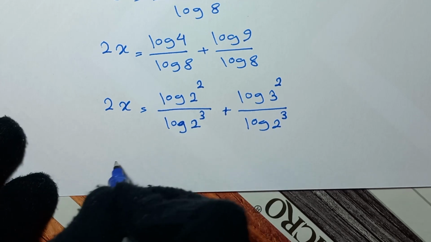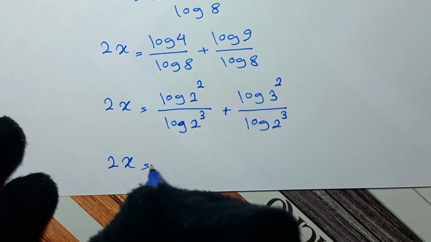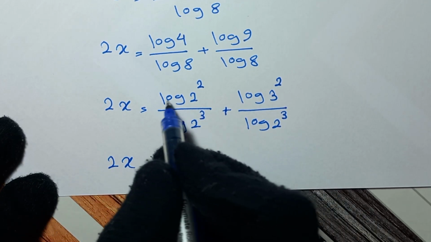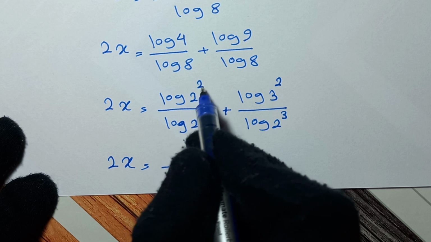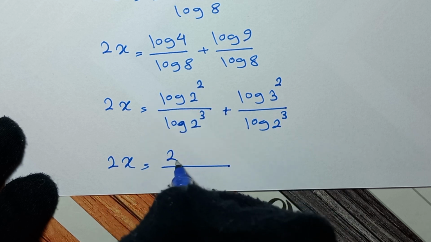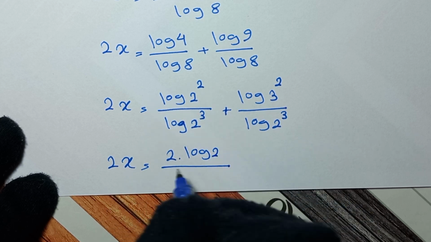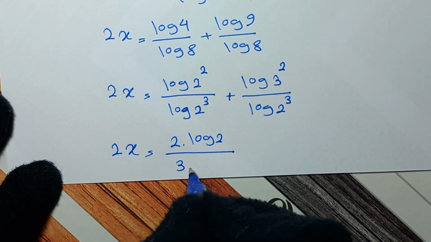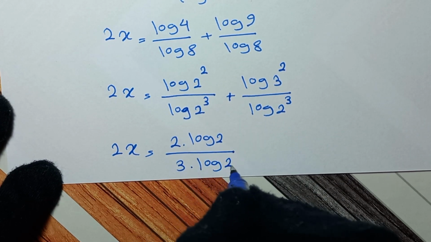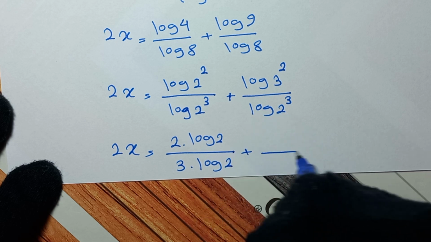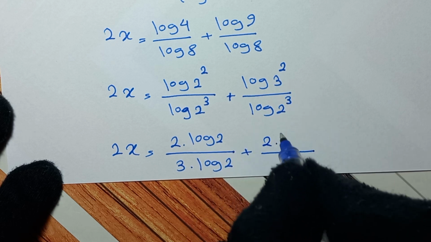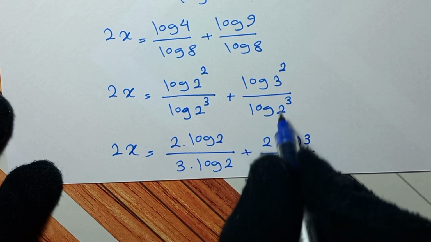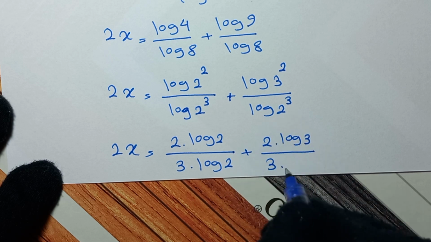So it will be 2x is equal to, and here we have log 2 to the power of 2, so we can take this power outside of log, it will be 2 times log 2, and also for the denominator, we can take this 3 outside of log, it will be 3 times log 2, and for this fraction, it will be 2 times log 3 and 3 times log 2.